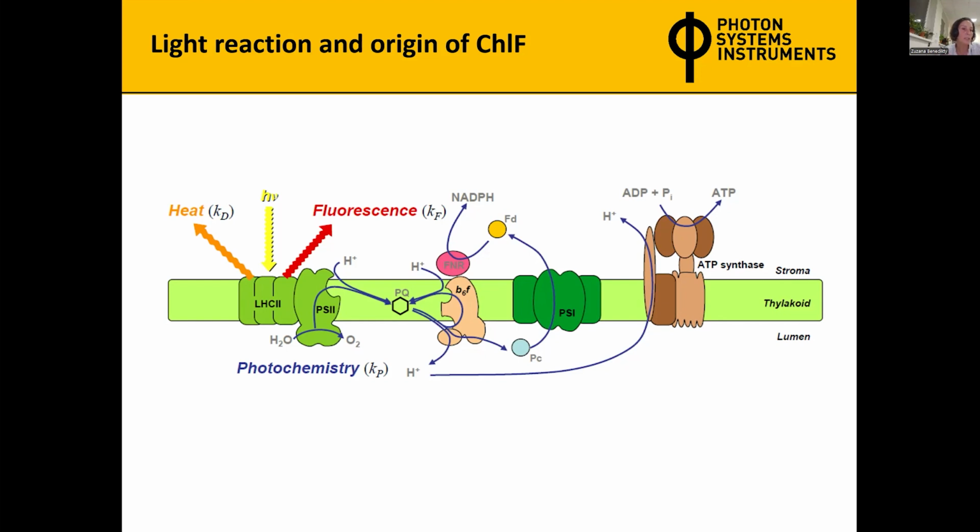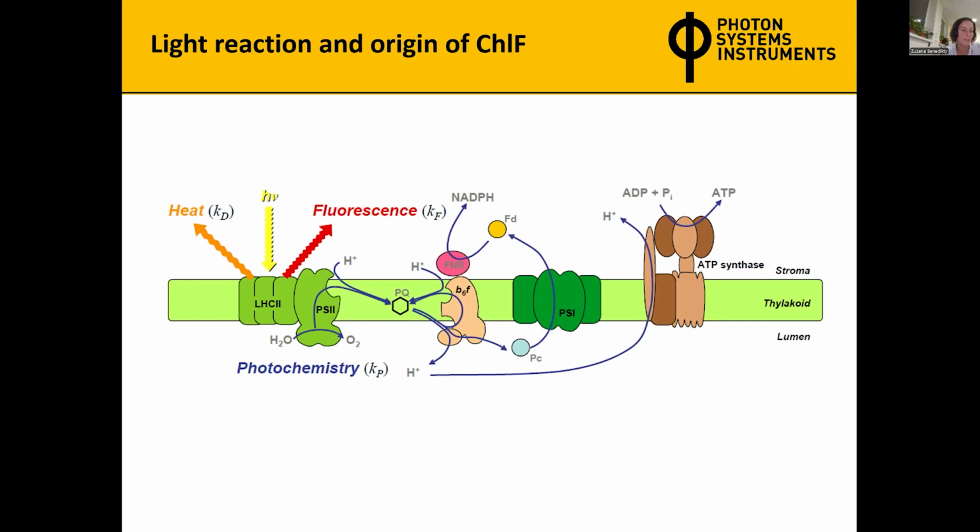One way to get rid of the excess energy is heat. So a part of the absorbed energy is dissipated as heat, and part of it is emitted as fluorescence. Of course, we live in a real world, so the fluorescence has less energy than the original photons, so it's red shifted.